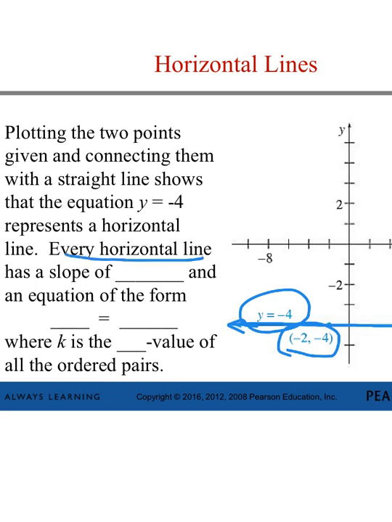Every horizontal line has a slope of 0. And therefore, the form of its equation is always y equals k. And k is the y value of all of the ordered pairs.